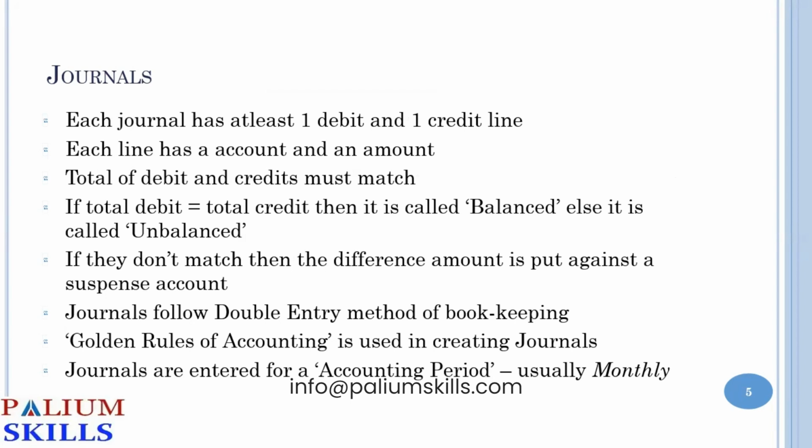Now let's understand journals a little more elaborately. Each journal has at least one debit and one credit line. Each line has an account and an amount. The total of debits and credits must match in a journal. If total debit is equal to total credit, then it is called balanced.